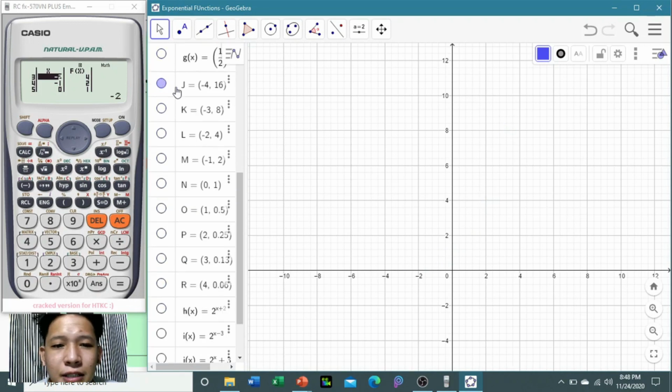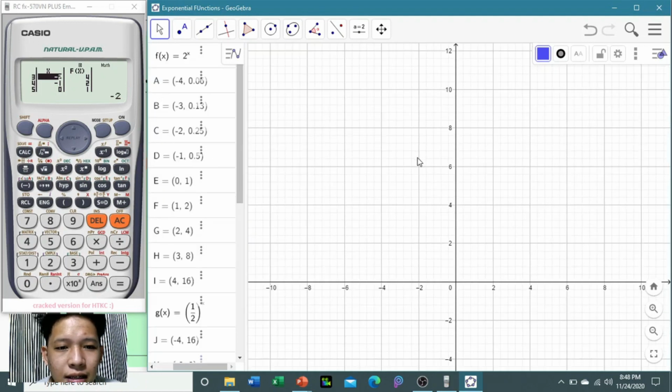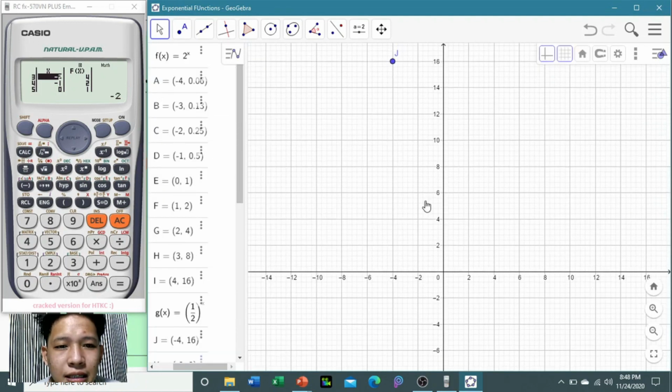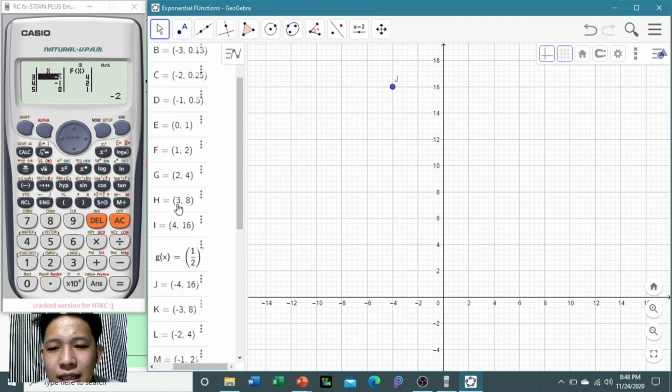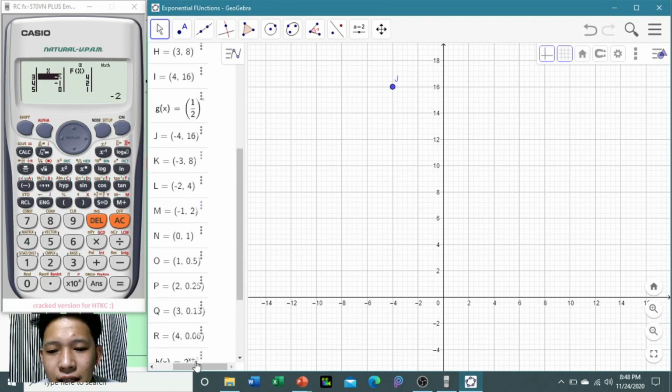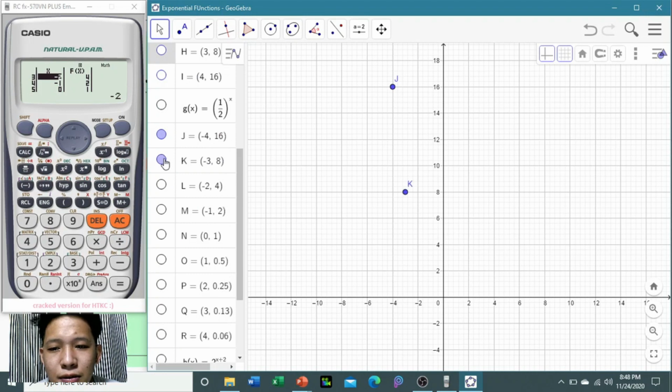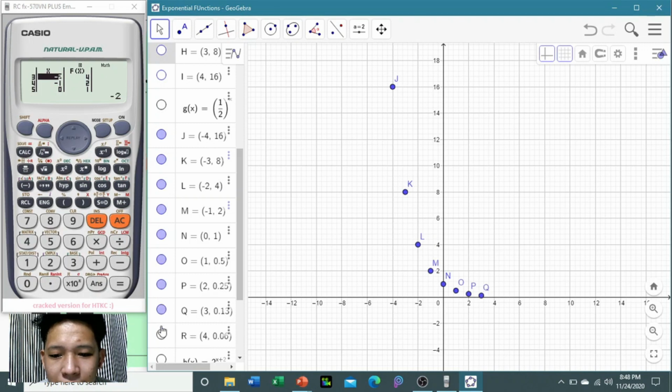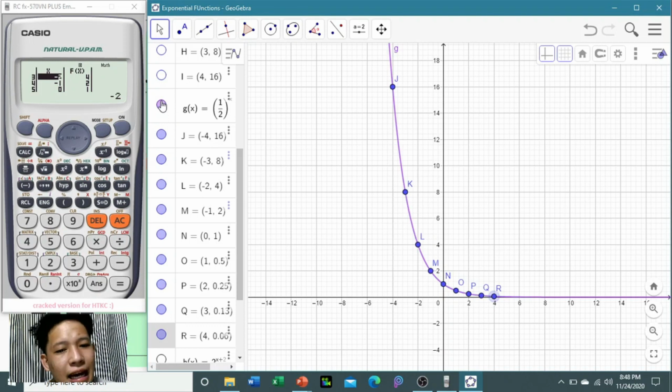So this would be the first point, and then our second point would be here. So yan po, bumaba, and then yung third bumaba din, and then pababa naman po siya ng pababa. Okay po? And if we're going to connect that, then we would have this graph.